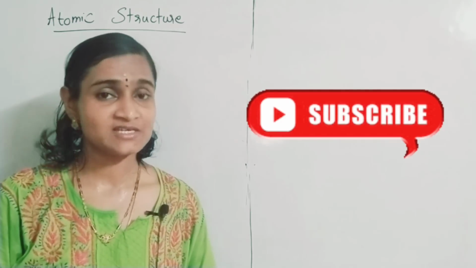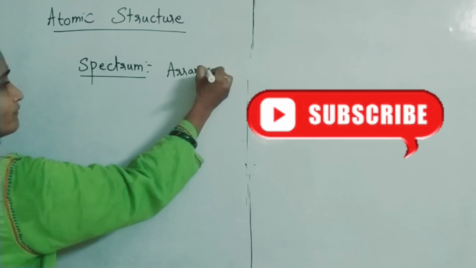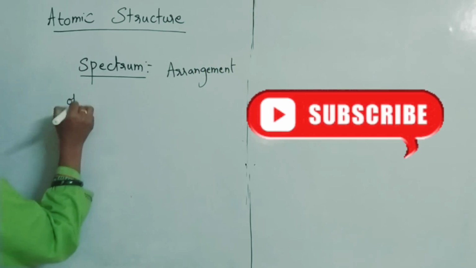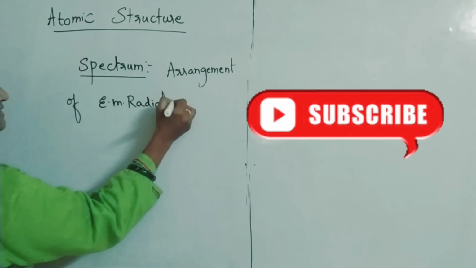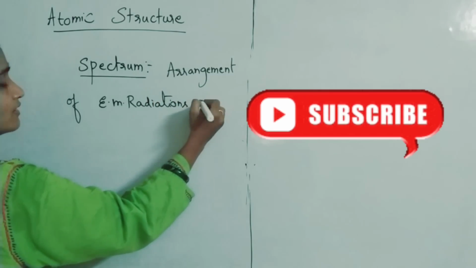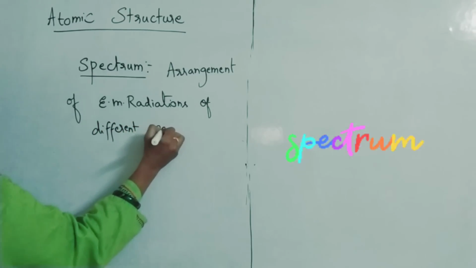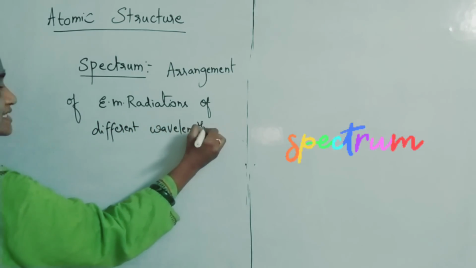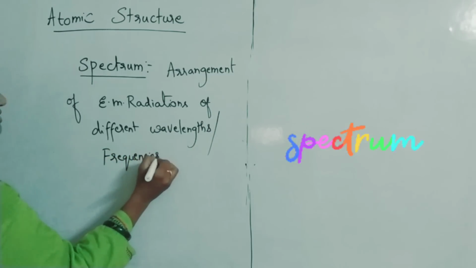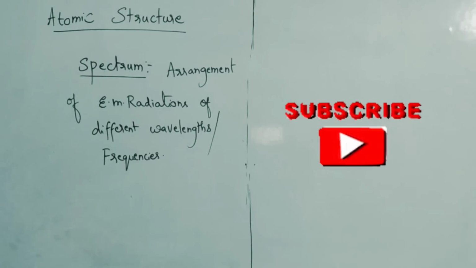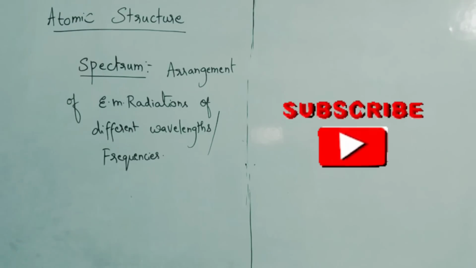Spectrum is defined as the arrangement of EM radiations of different wavelengths arranged in an order, or you can even take them in terms of their frequencies. So what is spectrum? Why do we have to learn about spectrum?